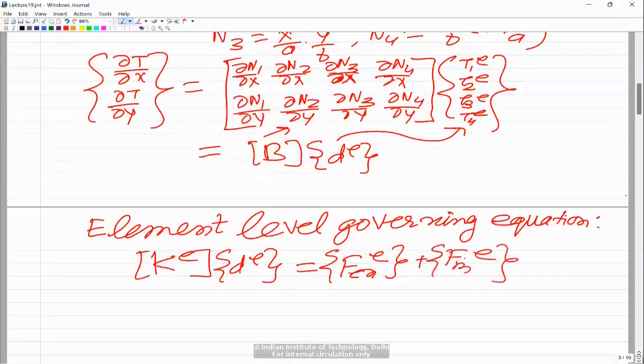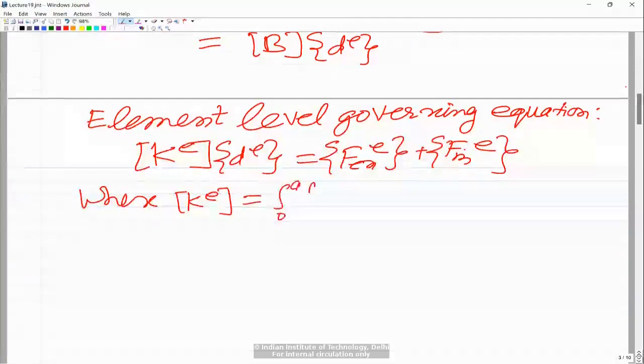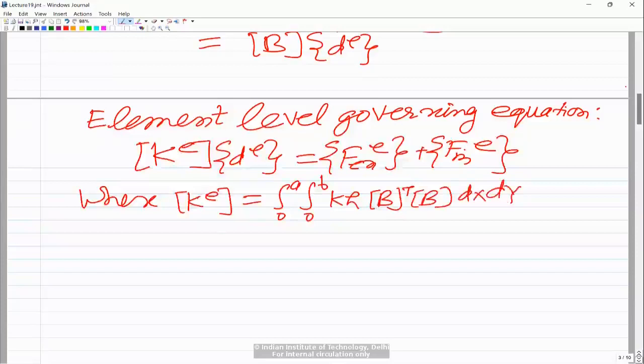Once you have this, of course we have to define the matrices. Ke is the element level conductance matrix. Now the integration limits we know, because the element is a rectangle. So integration 0 to a, integration 0 to b in the local coordinate system, and then we have k into h, where h is the thickness, and B transpose into B into dx dy. The limit of x is 0 to a, the limit of y is 0 to b.